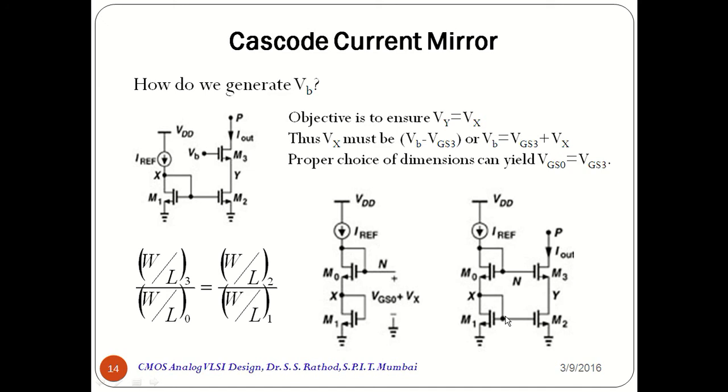If we choose W by L of 3 to W by L of 0 equal to W by L of 2 to W by L of 1, it is possible to get gate to source voltage of 0 equal to gate to source voltage of 3, so that Vx is equal to Vy.